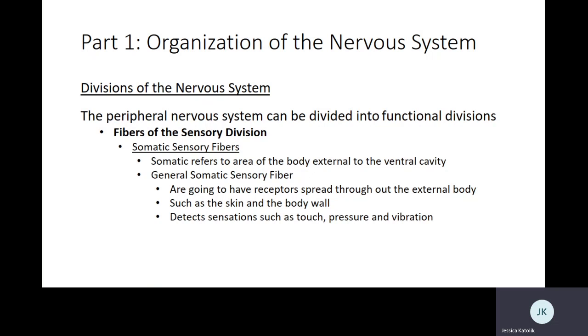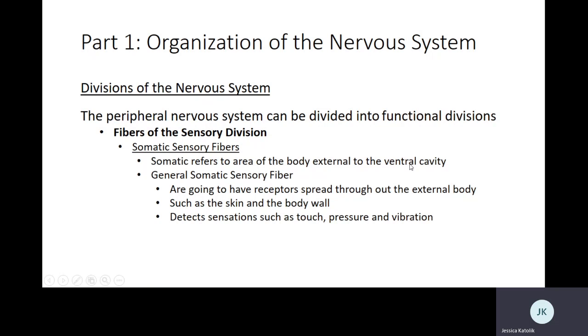So let's talk about somatic sensory fibers and look at two more divisions of them, general versus special. Somatic sensory fibers, as I have mentioned, go to areas of the external body, outside of the ventral cavity.